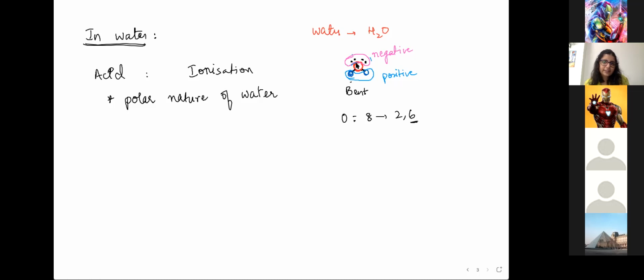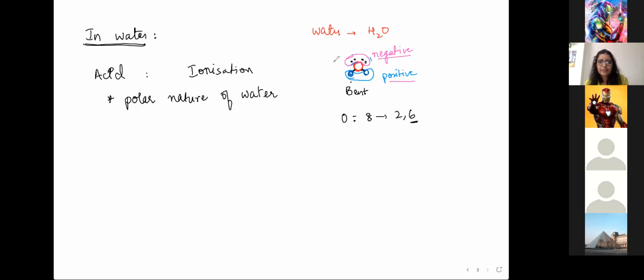One side is negative because of the presence of more electrons on the oxygen. Is that okay with you? Can you accept that? Yes, ma'am. So because of the shape, one side has more negative charge, and the other side has less negative charge, more positive.